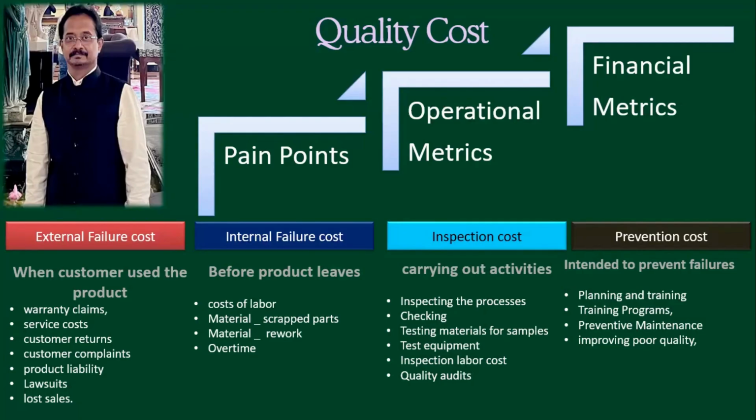For doing those corrections, I have to spend my energy, my labor, and my resources to handle that particular cost. Right? A warranty claim will be my additional cost and service cost. Customer returning the product, customer complaint, product liability, lawsuits, and lost sales. These are all the problems when the customer uses my product, right?